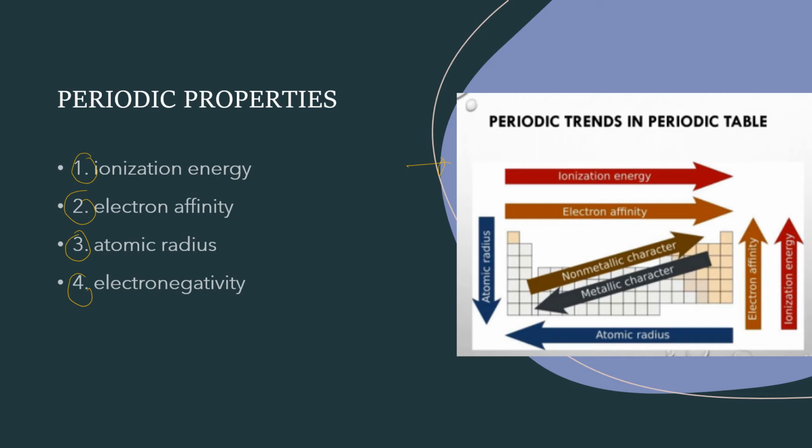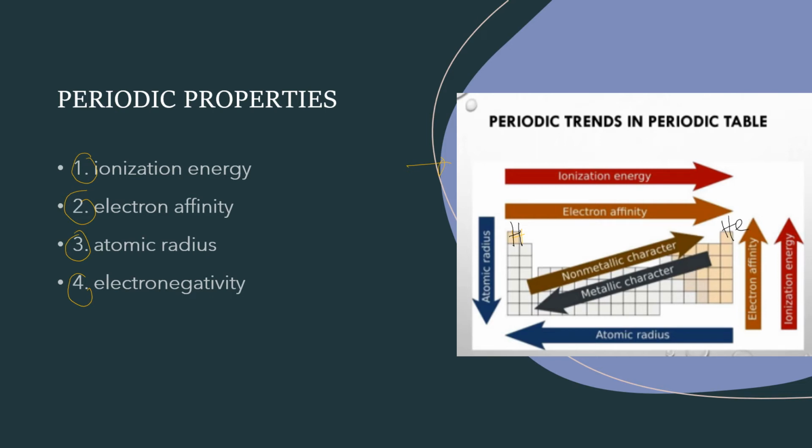For ionization energy, the direction of the arrow indicates that the ionization energy from left to right is increasing. So the ionization energy of hydrogen, for example, in group 1 is lower than that of helium.